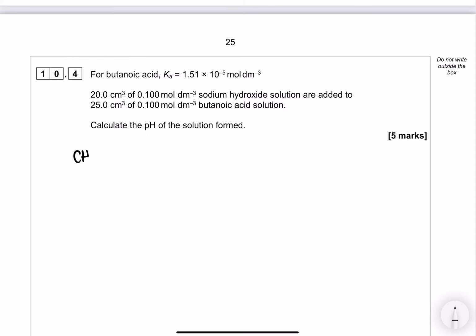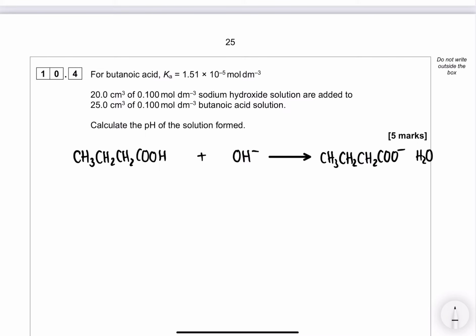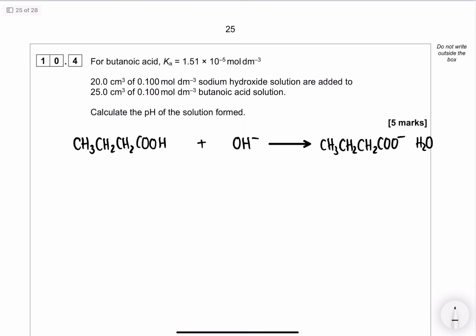So we've got this butanoic acid, CH3CH2CH2COOH. We're adding OH minus to it, sodium hydroxide. We're making butanoate ions and water.